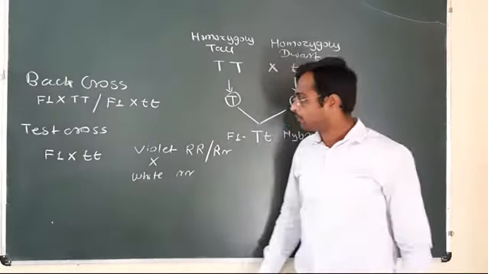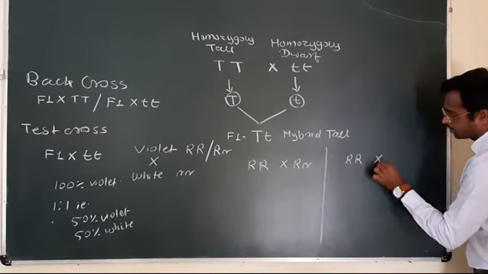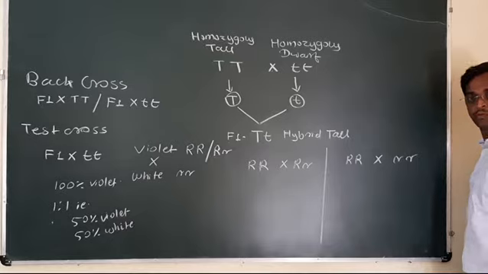Now, capital R capital R is crossed with small r small r, and capital R small r is crossed with small r small r.